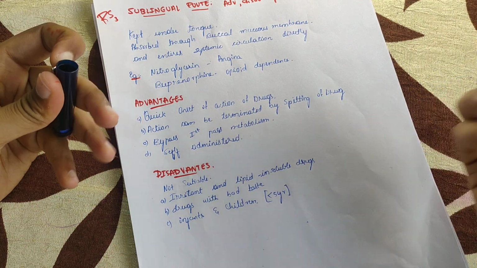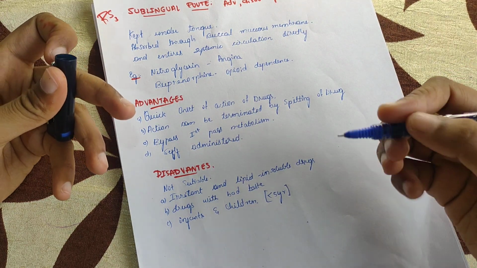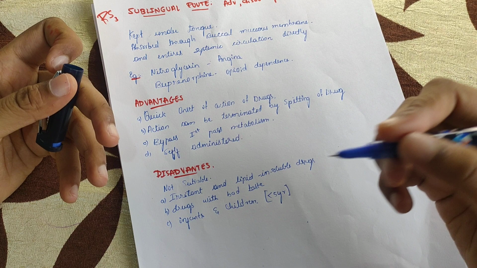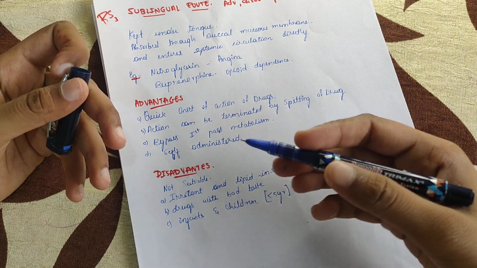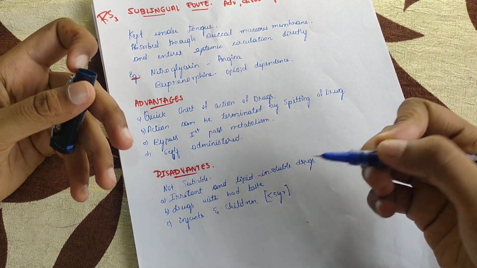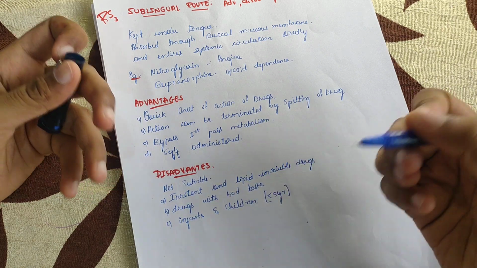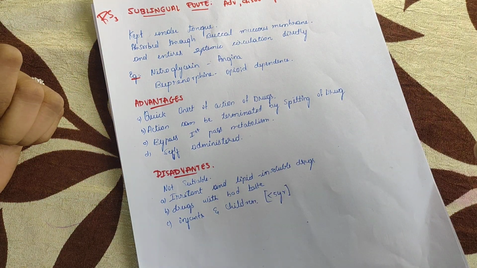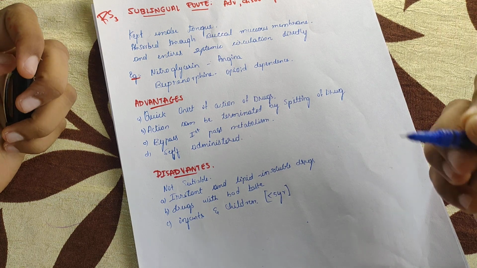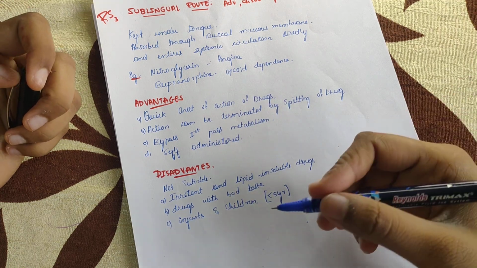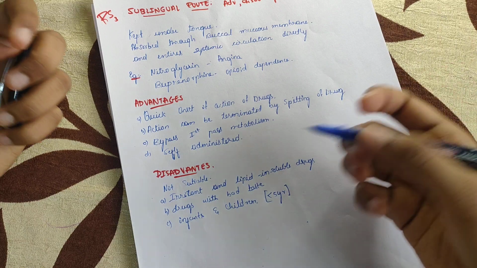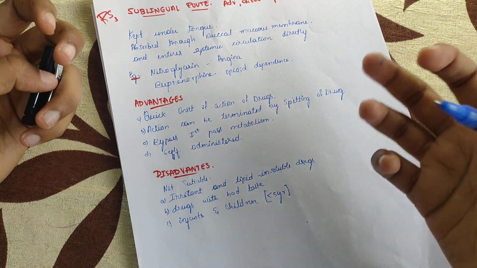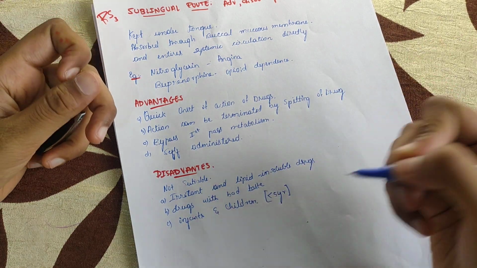Only lipid soluble drugs can cross the mucosal membrane. So insoluble drugs cannot be taken, irritants cannot be taken, and bad tasting things cannot be taken, because we have to keep it in the mouth under the tongue, and because of the sensitivity of the taste buds we cannot take bad tasting things.